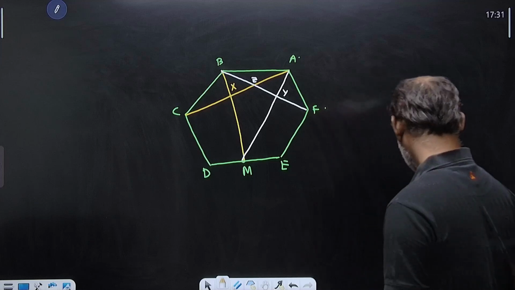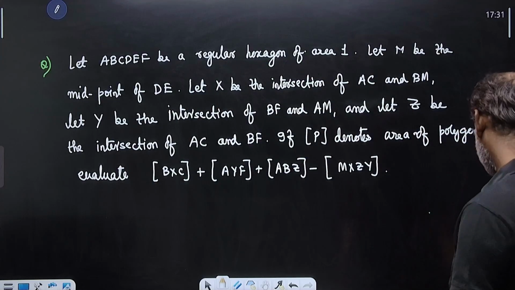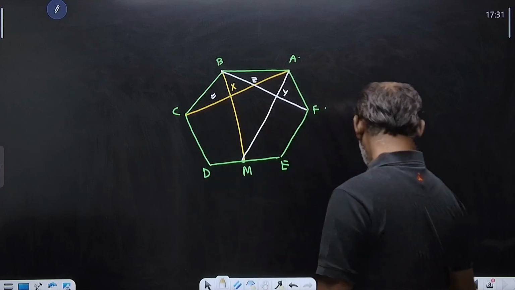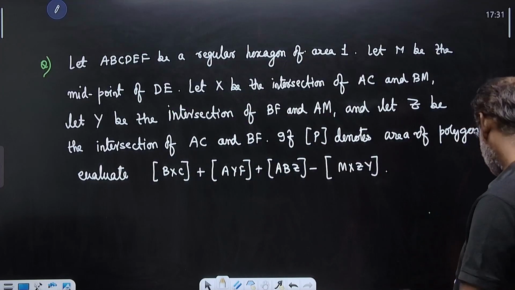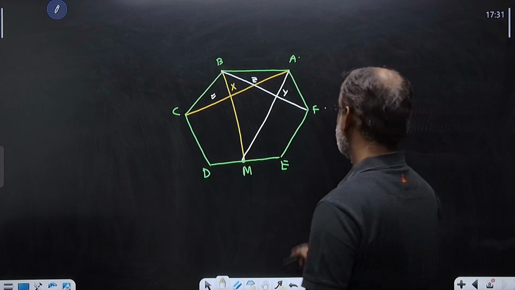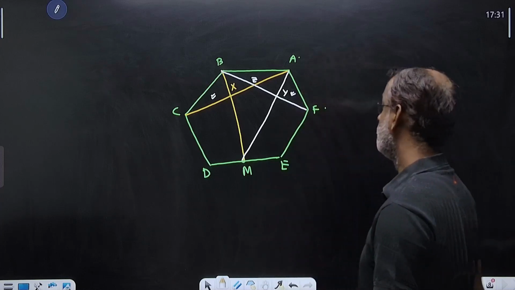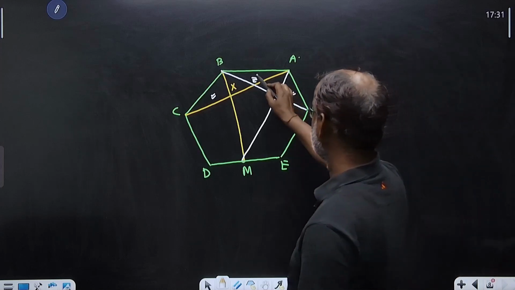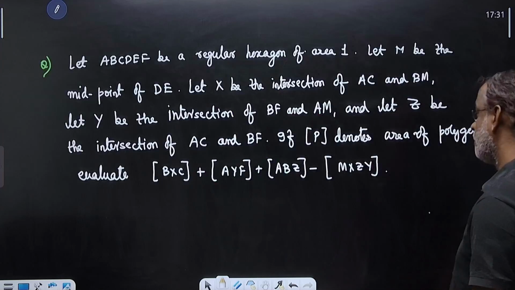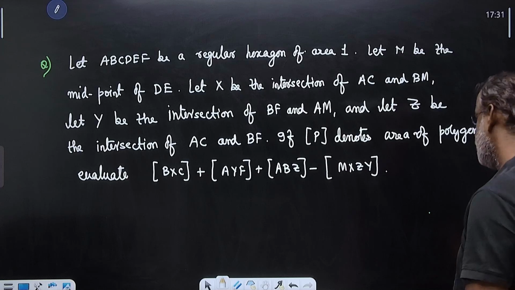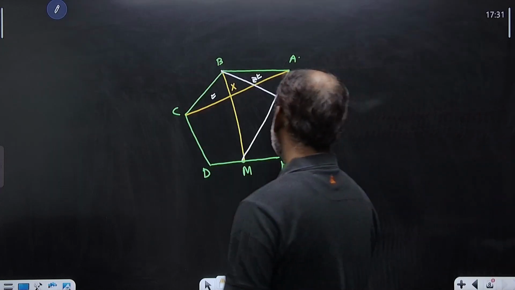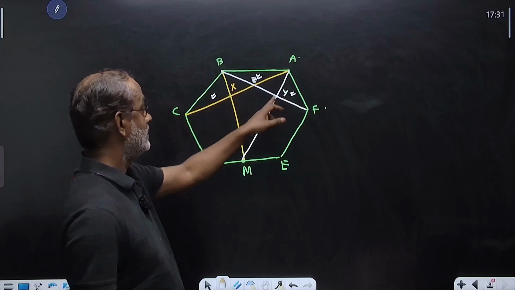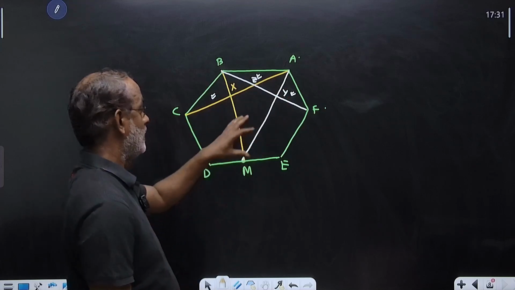Fine. So we have to find BXC, AYF, ABZ probably, no? ABZ. And then we have to subtract MXZY. Okay. We have to find area of these 3 triangles and then subtract this part.